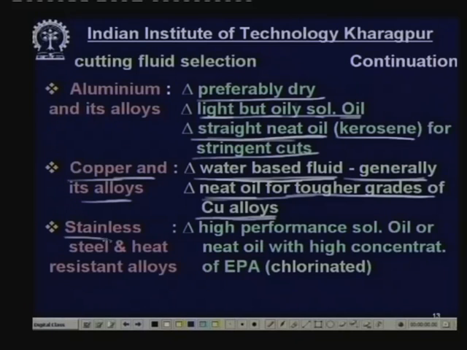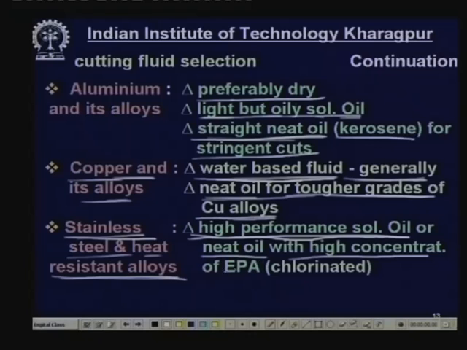Now, stainless steel is another important material, and heat resistant alloys, like nickel alloy or titanium alloy. These are very difficult to machine and create a lot of friction and chances of built up edges, which damage all these things. So, this has to be prevented. So, what is recommended? High performance soluble oil, that is, thick oil with extreme pressure additive, or neat oil with high concentration of extreme pressure additive.